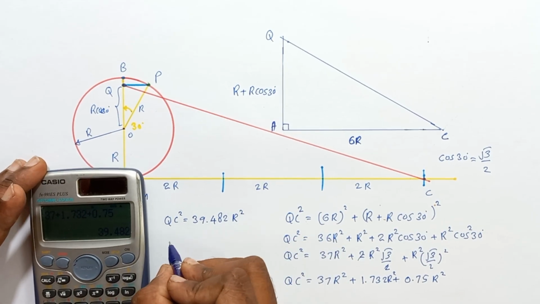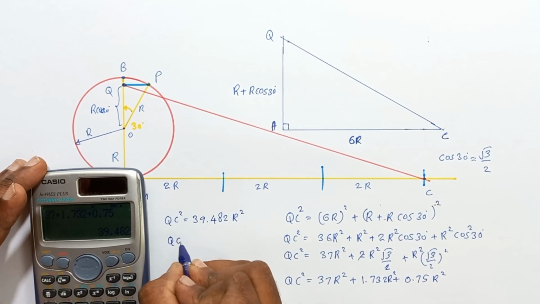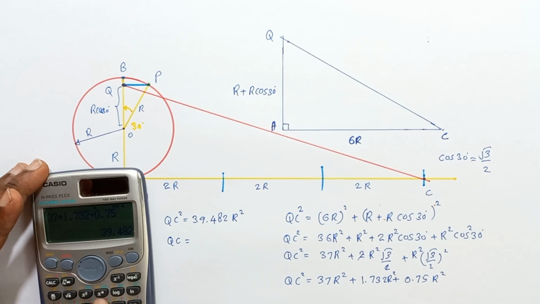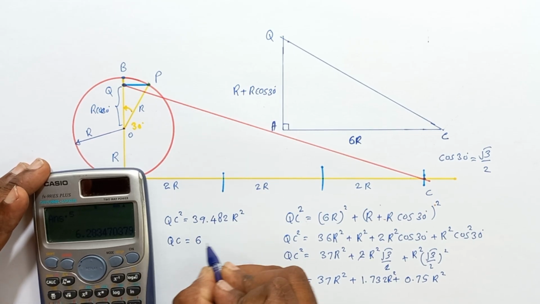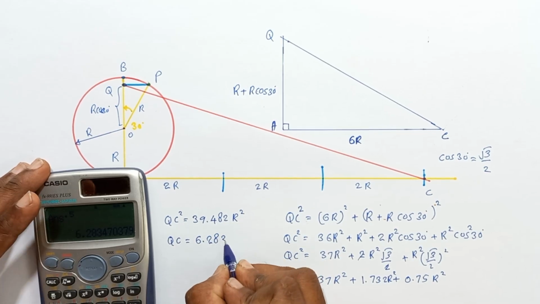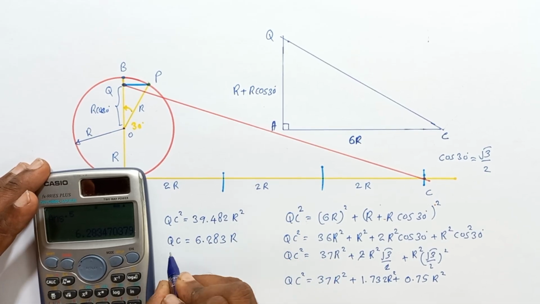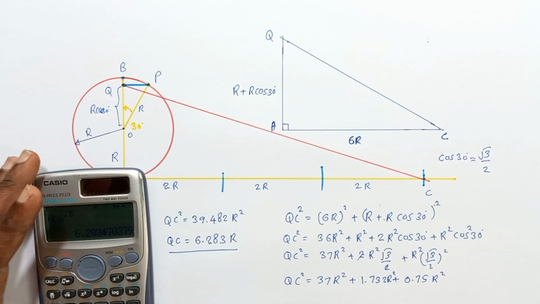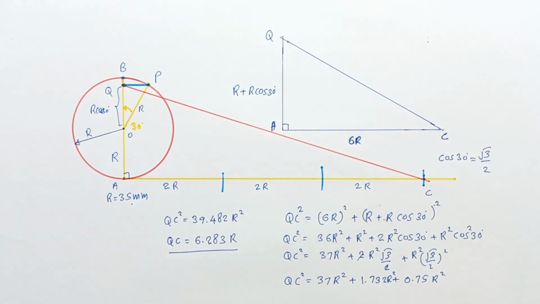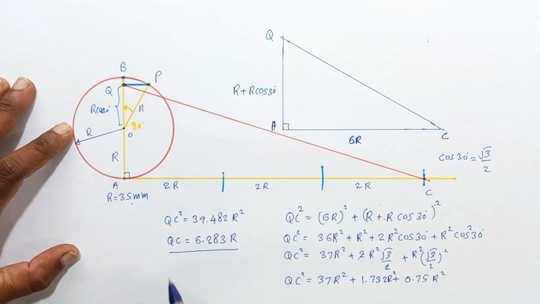So I am going to take the square root. QC is equal to 6.283 into r. So I am rounding it to 3 decimal places. This is what we finally have as QC.